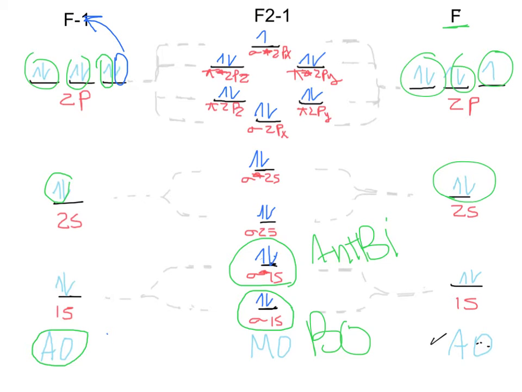The bonding orbital, we call it sigma 1s for this level, and the anti-bonding orbital we refer to as a sigma star, so we add a star.